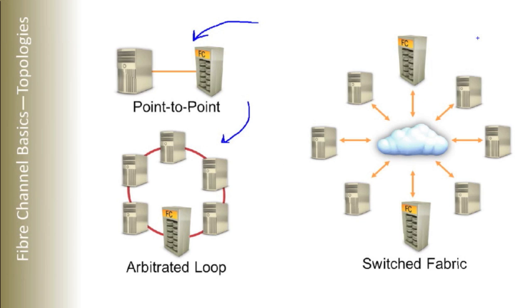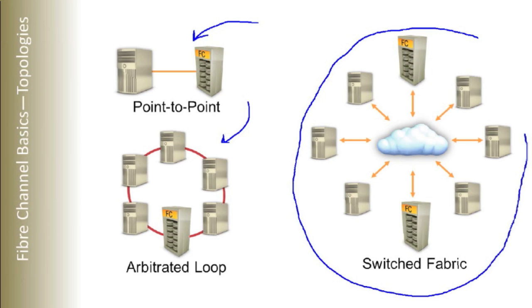But by far, what took off as the most popular topology for our fiber channel storage networks is a switched topology. This is because it's extremely scalable, theoretically scaling to millions of different nodes that could consume the data stored in the storage area network.